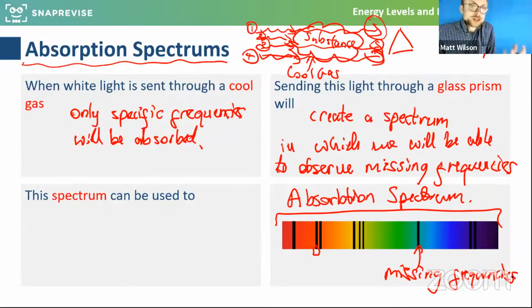Good. And this spectrum can be used to figure out what energy gaps exist in the atoms in the substance. And since different atoms have different energy gaps, that can be used to figure out what atoms are in the substance.